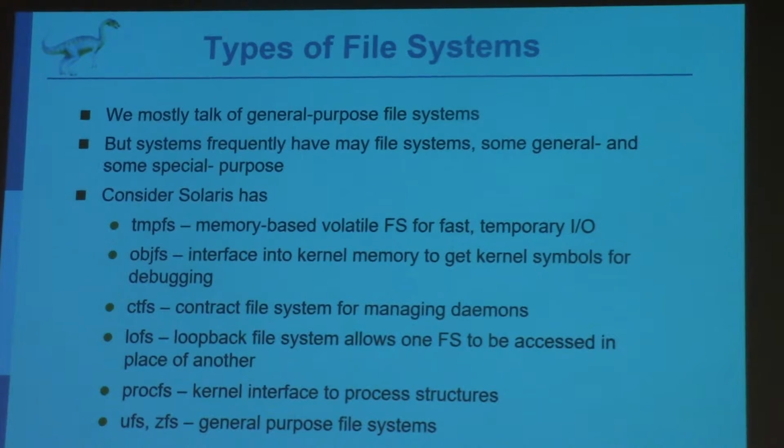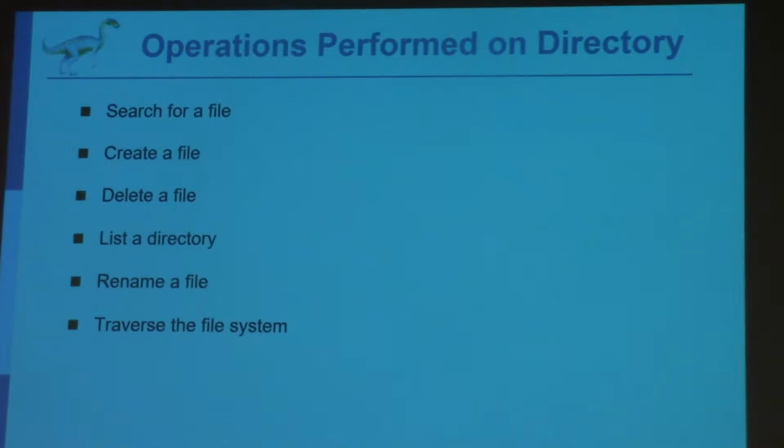That is a temporary file system, TMPFS. And some file systems have only object files that can be managed by the main operating system and so on. Okay? So these UFS, GFS are general purpose file systems. We will see more details of such file systems in the next chapter.